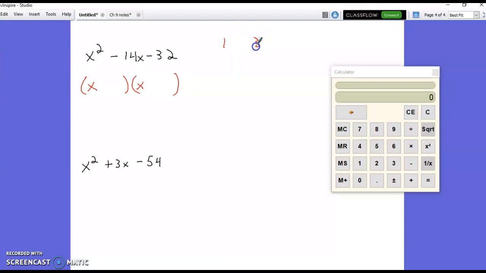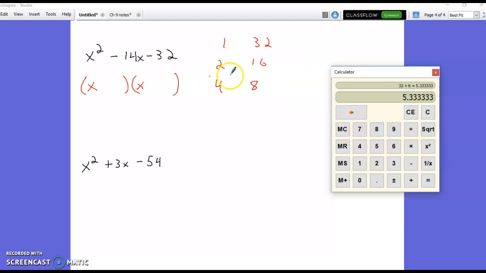So 1 and 32. 32 divided by 2 gives us 2 and 16. 32 divided by 3, nope, that's not an even whole number. 32 divided by 4, so I have 4 and 8. 32 divided by 5, that's not going to work. 32 divided by 6, and now that number's lower than that divisor, so I know I'm done.